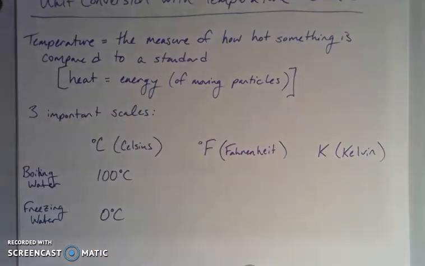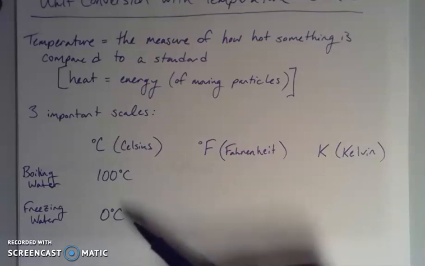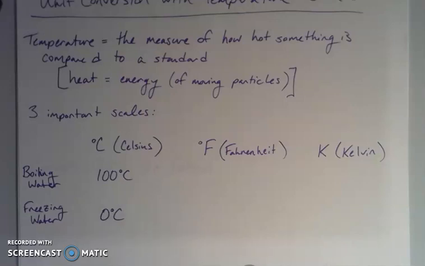So the person who created the Celsius scale just said, well, this is water. Water is important for living things. We'll call the point at which it freezes 0 and the point at which it boils 100, and then we will shake everything out from there. So Celsius is really useful when we are measuring the temperature of solutions, doing a lot of lab work, because they have nice round numbers when it comes to interacting with water or aqueous solutions.